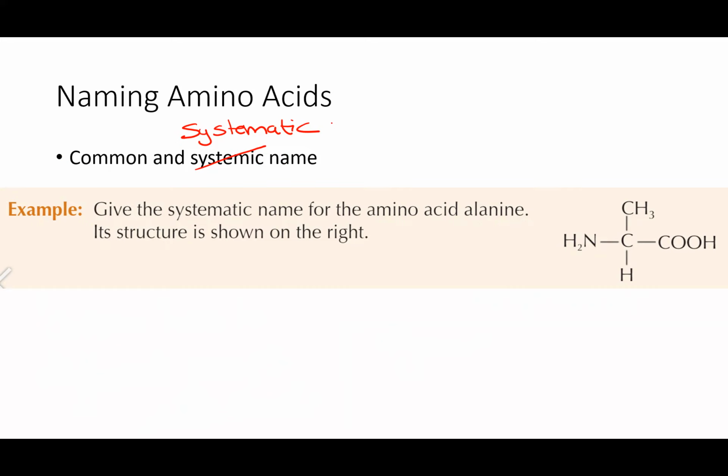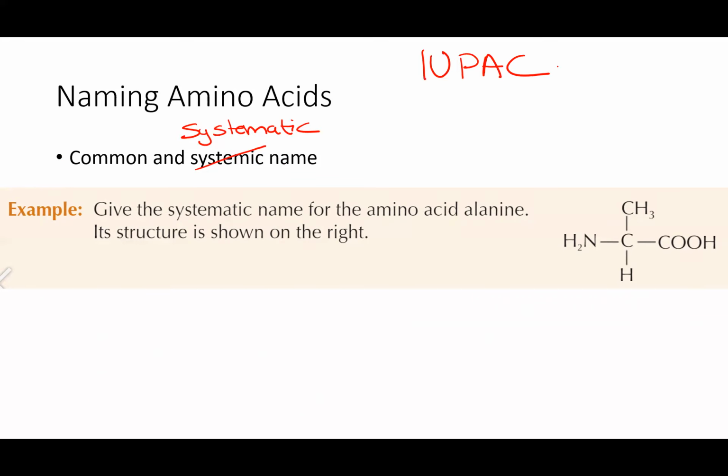You should be given the common names if you need any of them in the exam, but you might be asked to work out their systematic names using the IUPAC naming system.